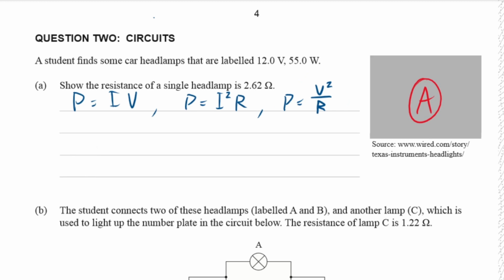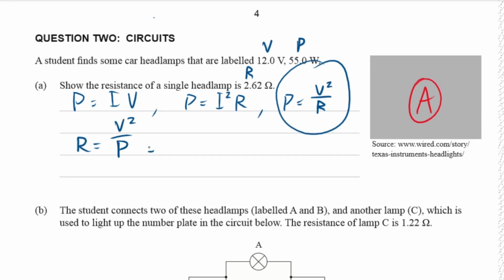And so now looking at the problem again, we are given voltage and power, and looking for resistance, we can use power equals voltage squared divided by resistance. So resistance equals voltage squared divided by power, or 12 squared divided by 55, which will again give 2.62 ohms. And that is a perfectly fine way of solving this problem.